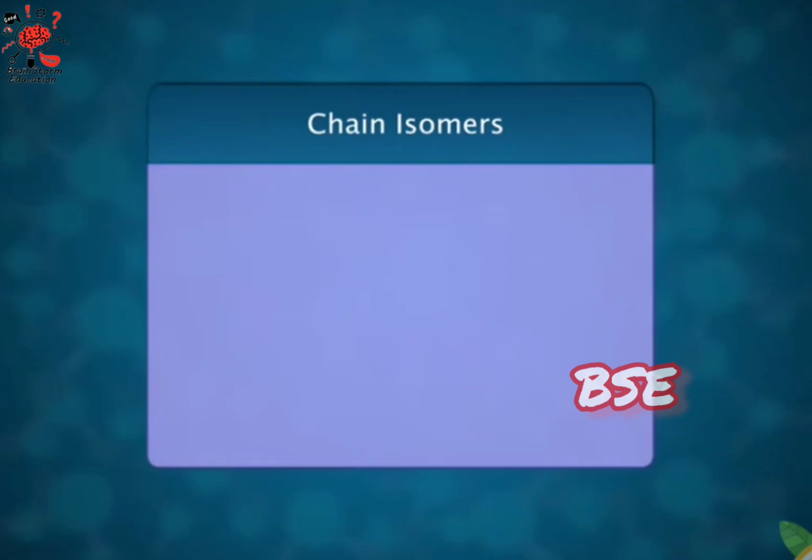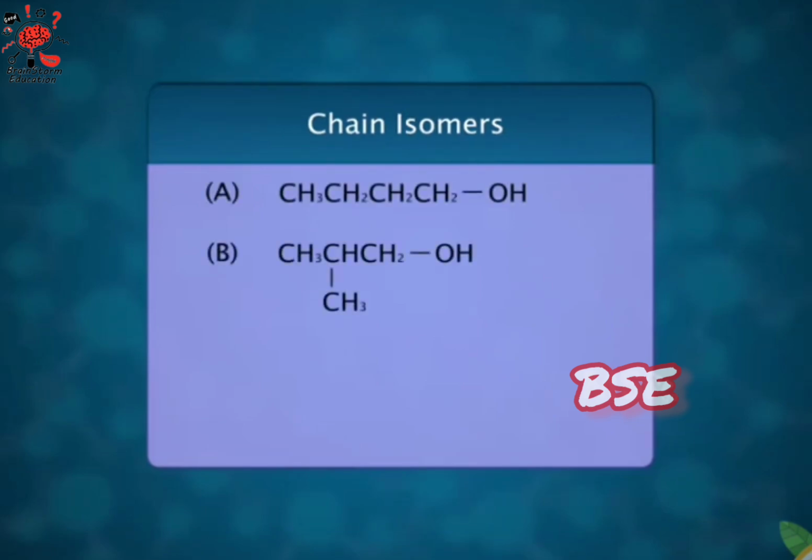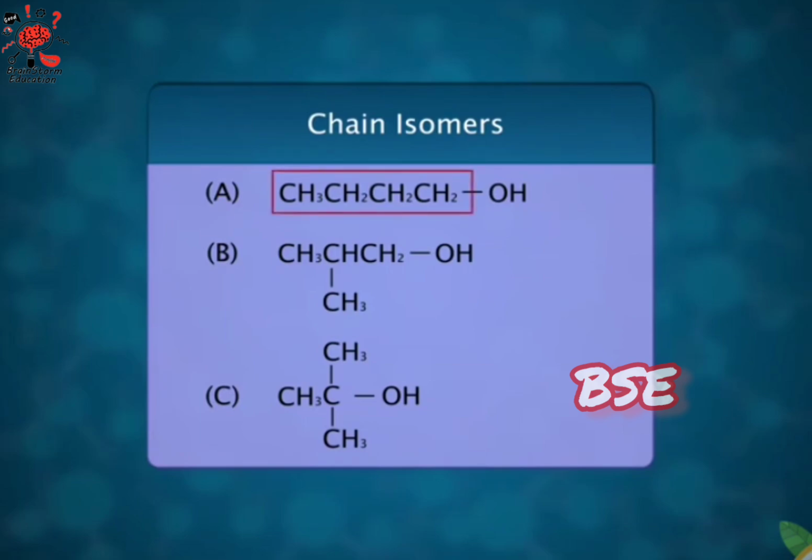Let's consider the three molecules A, B, and C. All of them are butyl alcohol with the same molecular formula, C4H9OH. Since the nature of their carbon chain is linear in structure A and branched in structures B and C, they are called chain isomers.